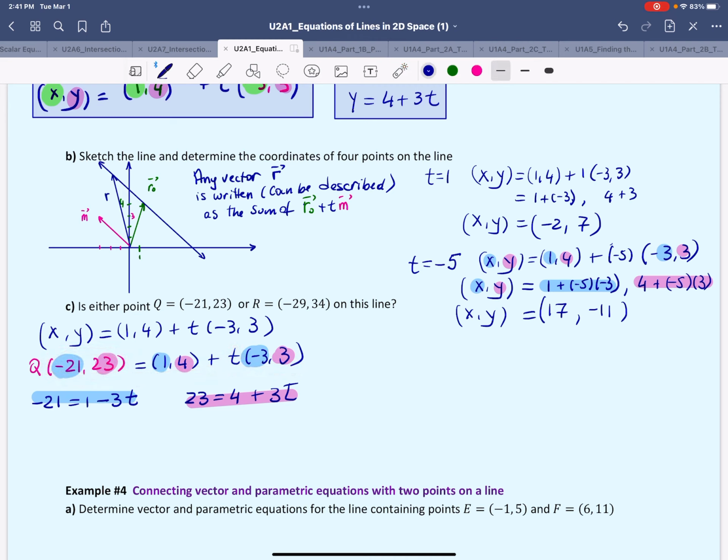Let's check and see what happens here. We have -22 equals -3t, from where we get the value of t equal to 22 divided by 3. If we look at the other parametric equation, we have 23 minus 4, that's 19, equals 3t, which gives the t value 19 over 3. As you can see, these t values are different. Therefore, Q is not on the line.